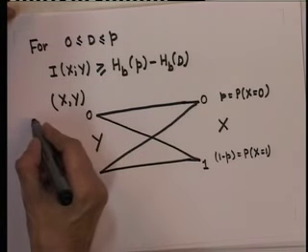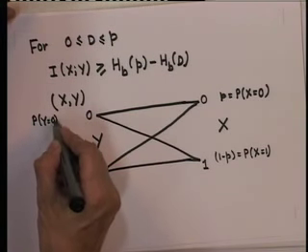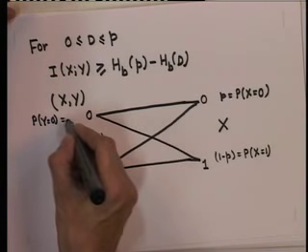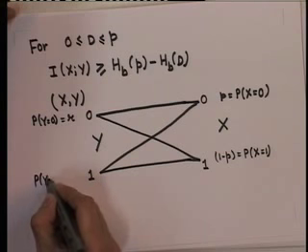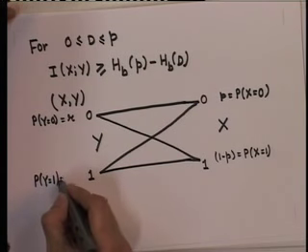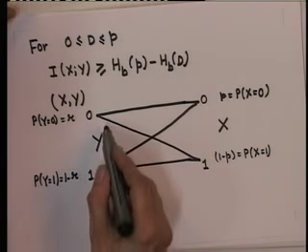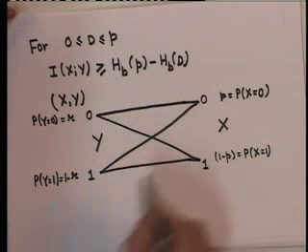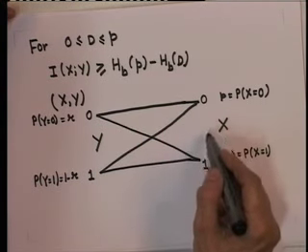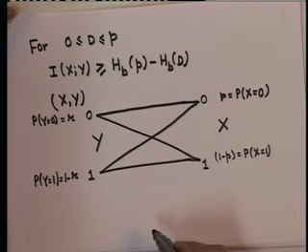Let us assume that the probability of Y equal to 0 is equal to r and the probability of Y equal to 1 is equal to 1 minus r. So, we choose the distribution of Y at the input of this channel, so that the output distribution of X is the specified distribution, that is p and 1 minus p.